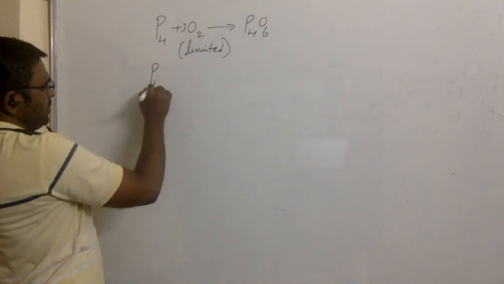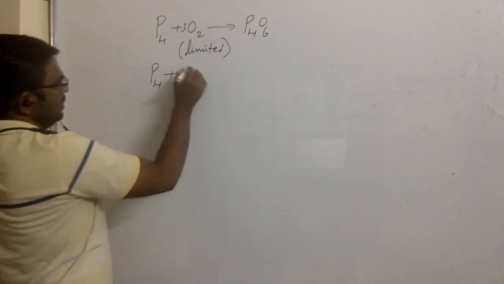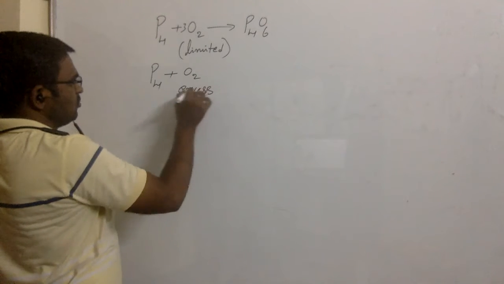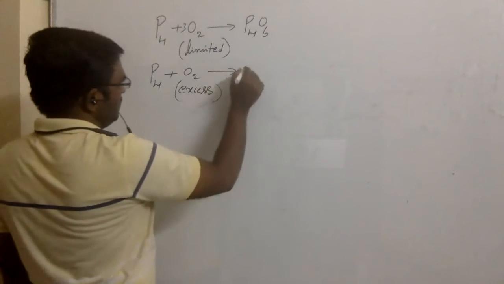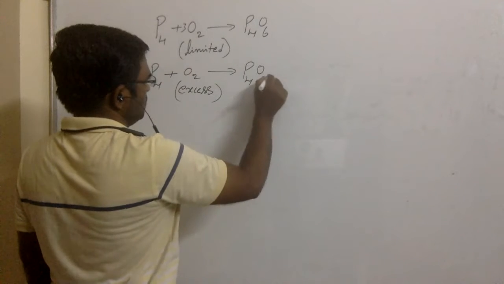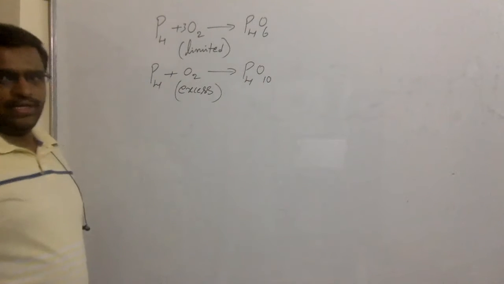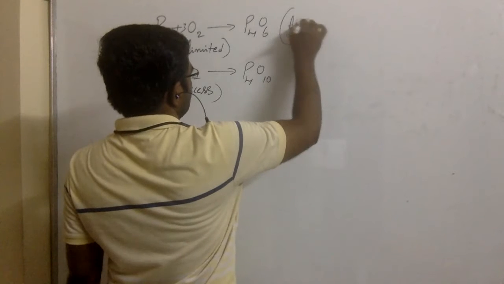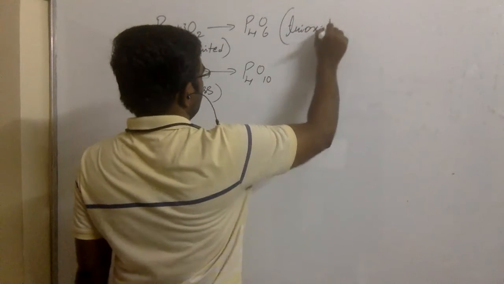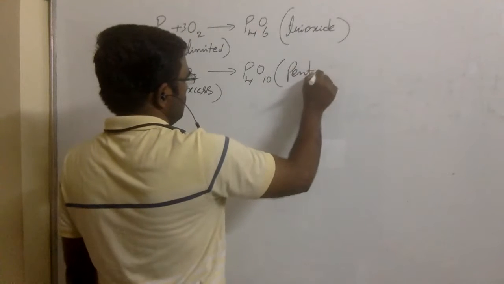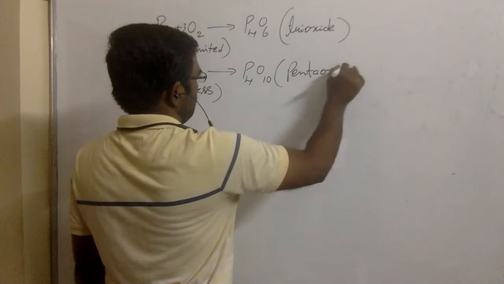Next, the same phosphorus reacts with oxygen, but the condition is an excess amount of oxygen, then it will give phosphorus pentoxide. Formula is P4O10. This one is trioxide, and this one is pentoxide.